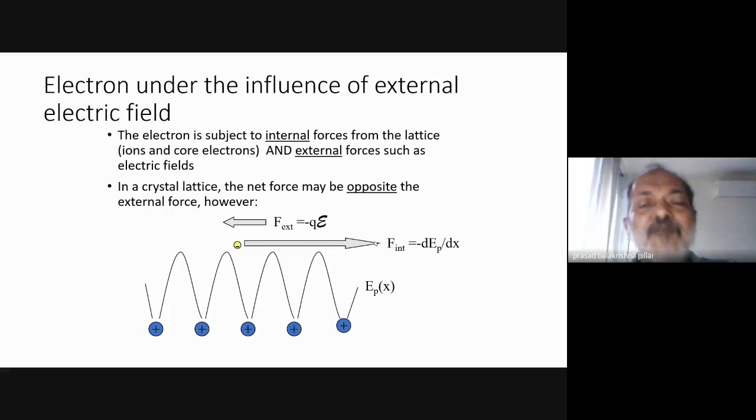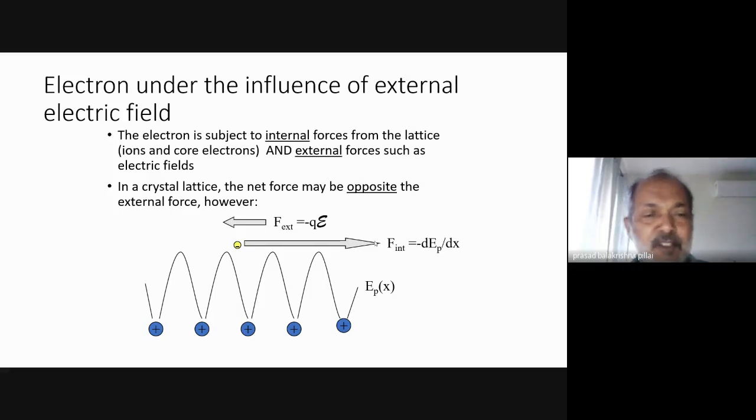So in order to take into account those additional forces acting on the carriers, we introduce a concept known as the effective mass. That is, the carriers are moving inside the material with a different mass. It's not the rest mass, the mass of electrons outside the material.